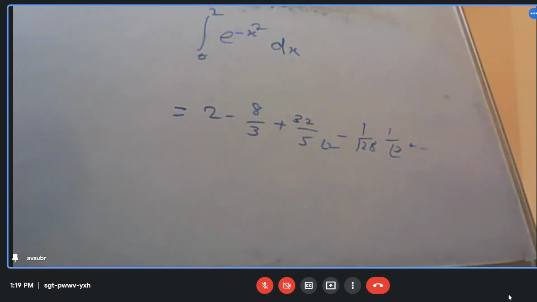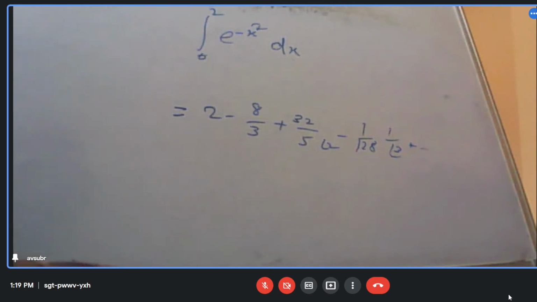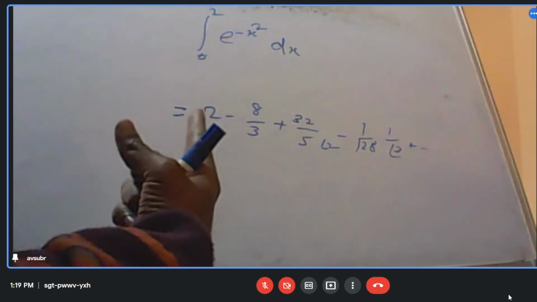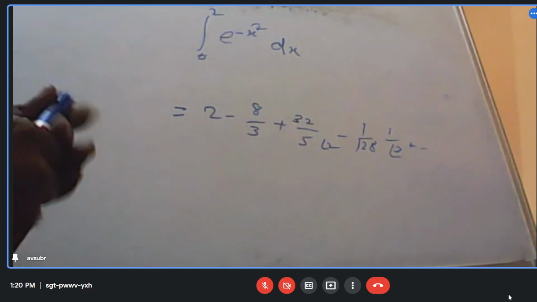Somebody, anybody else? Area under the curve. Sir, area enclosed. Ha, area under the curve. Okay, so we are trying to find out that if I plot this e to the power minus x square, you can plot this on a graph.